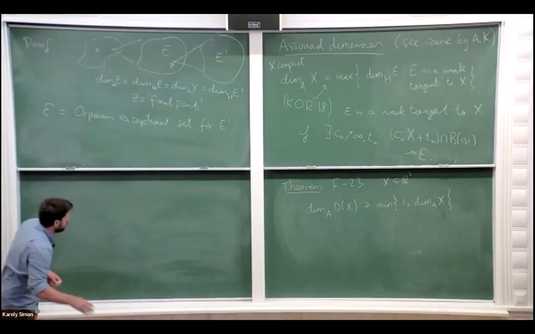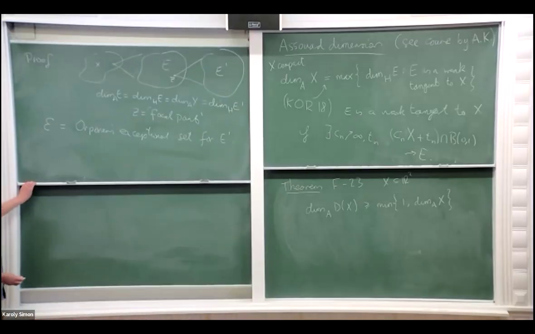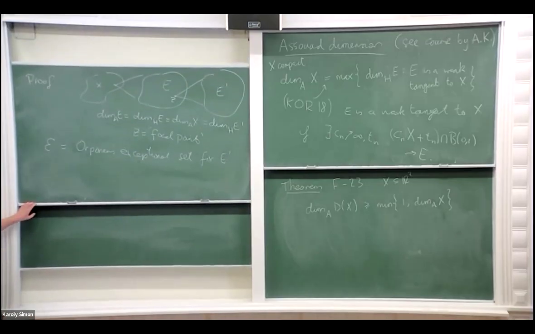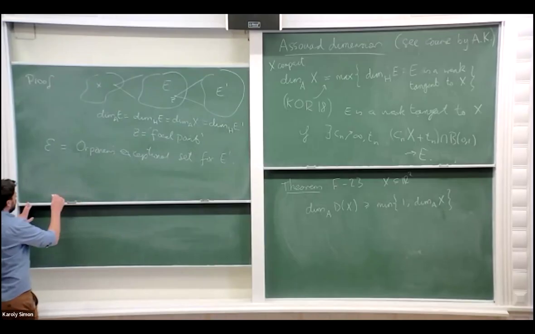Now I'm going to use two different types of nonlinear projection. One of them is going to be radial projection, and the other one is going to be the pin distance map. So maybe these objects are familiar to you. If not, I'm going to define them right now.